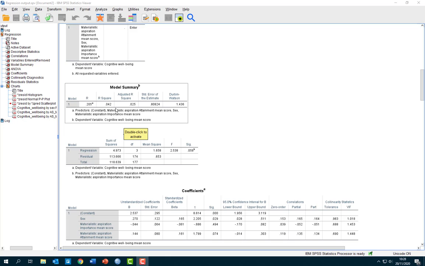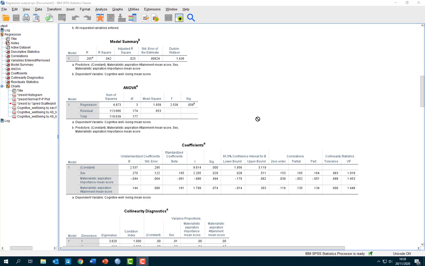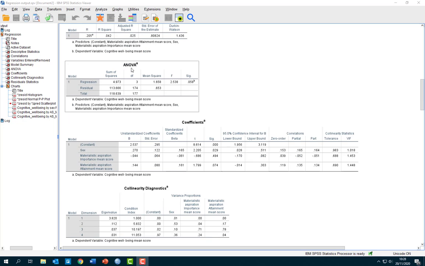So that's not a good start for the model. It suggests there's probably an awful lot of other things that influence cognitive well-being, and that we might be able to use to predict it better than materialistic aspiration, attainment and importance scores and a person's gender.